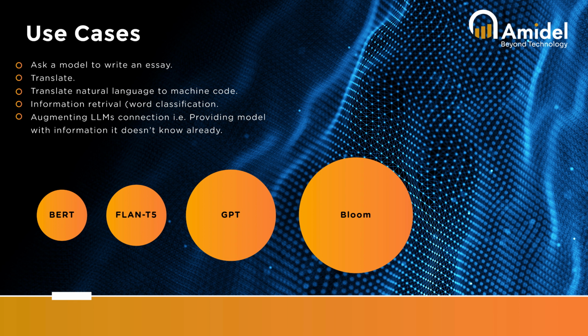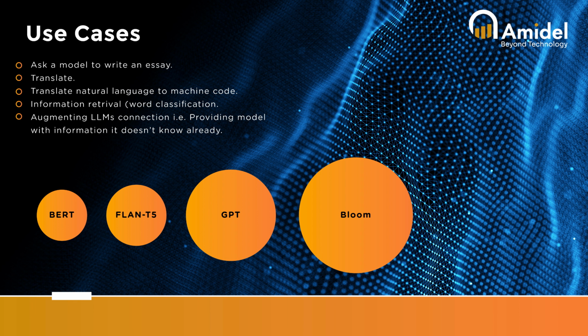But all of these use cases are dependent on the model itself, right? So we've got models like BERT, Flan-T5, GPT, and Bloom, like I mentioned earlier. But you would see that the bigger the model is, such as ChatGPT or GPT, a large language model, it can process all of these items here, right?